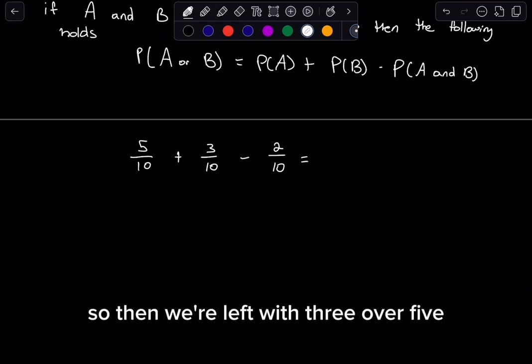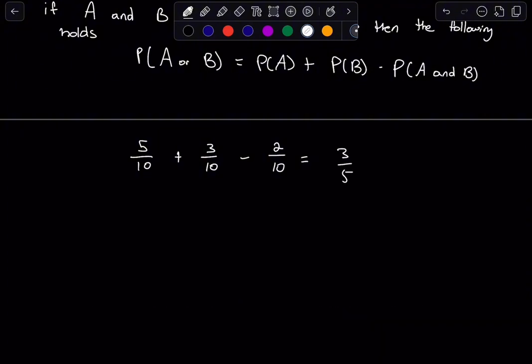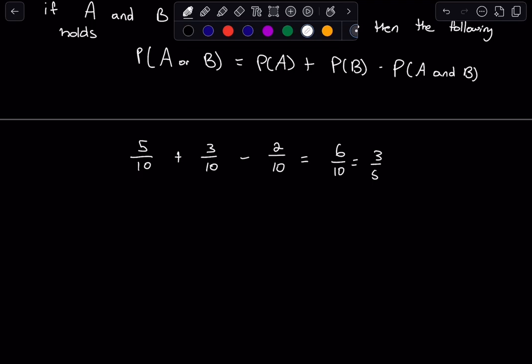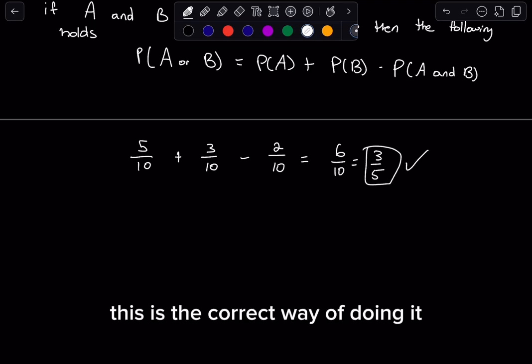So then we're left with... I'm sorry. It would be 6 over 10, simplified to 3 over 5. This is the correct way of doing it.